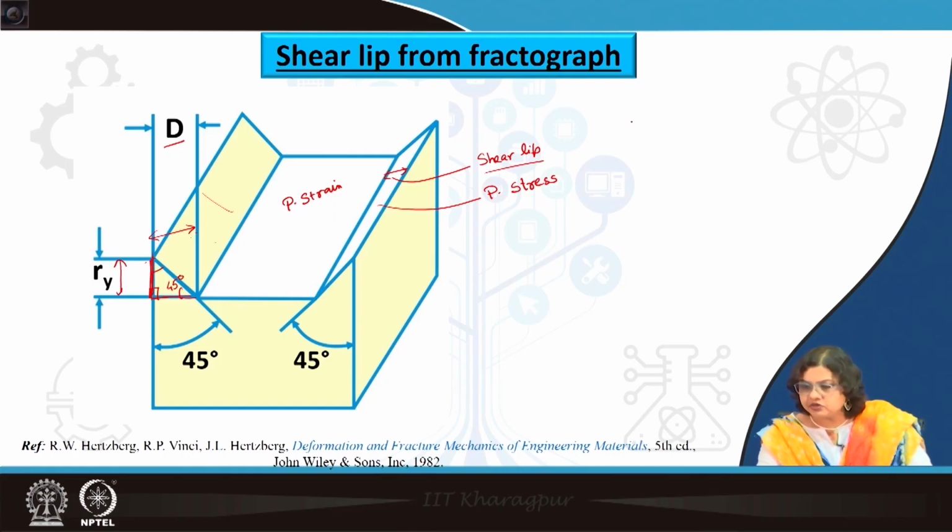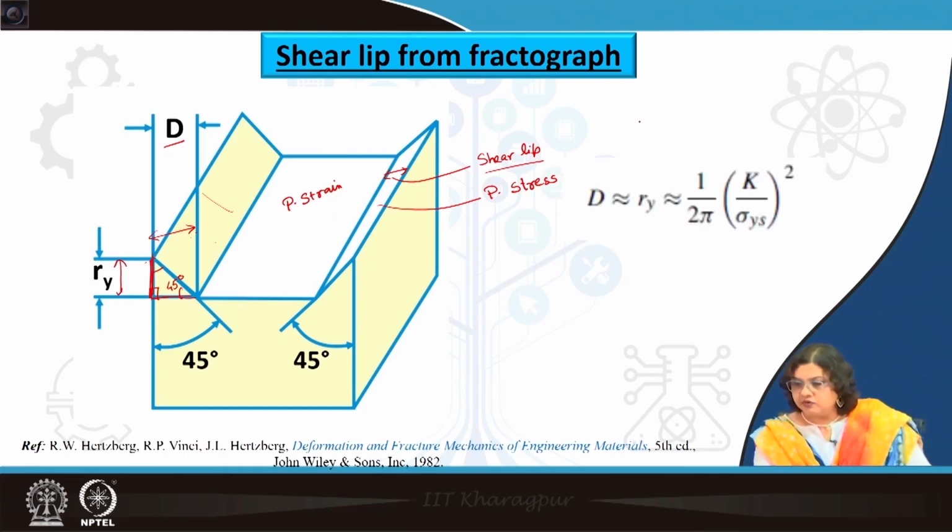We can simply use the relation R_y equals 1 by 2 pi into K by sigma_YS whole squared, as per the plane stress condition. From there we measure this D value, and we can get the yield strength value either from further studies or from the literature. If we know that, then we should be able to find out the K value. Now, at the point of fracture, this K could be the fracture toughness of the material.